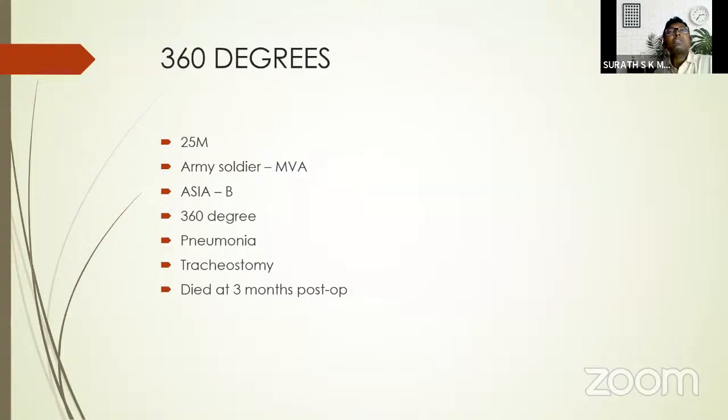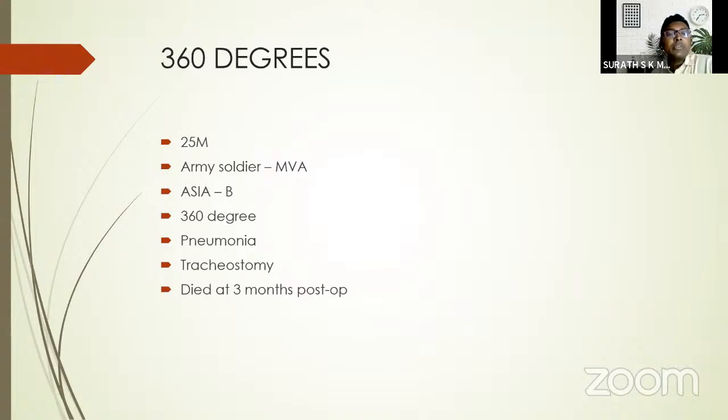Their life becomes miserable. And most of the time we have seen that the neurology does not improve with time. Most of the time they're paraplegic or tetraplegic. And most of the time in my setup, they end up with a tracheostomy because of pneumonia and respiratory complications. If you see almost all the studies, they say the common complication is pneumonia.